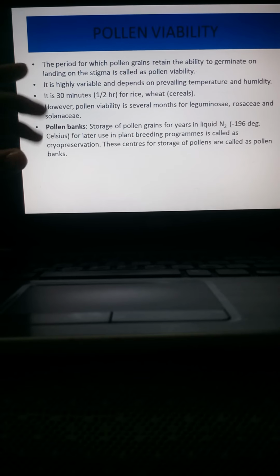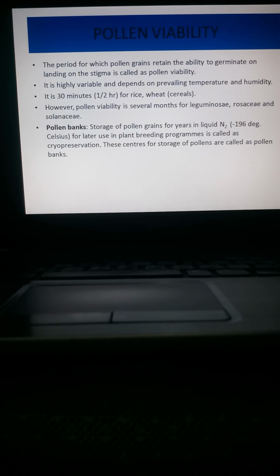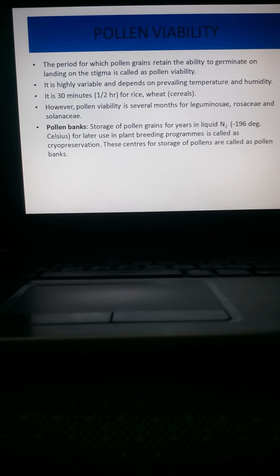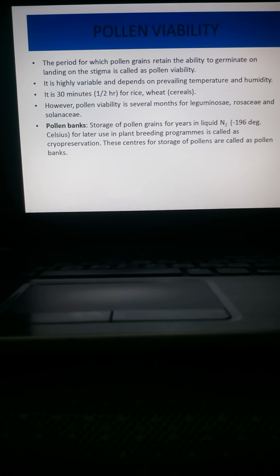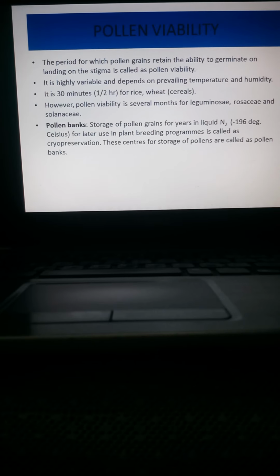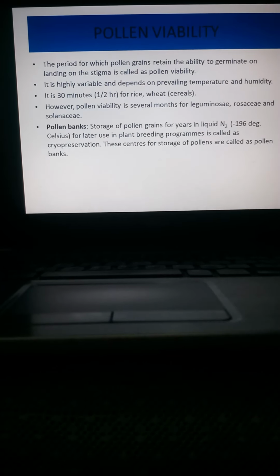What is pollen viability? Pollen viability is the period for which pollen grains retain the ability to germinate on landing on the stigma. That is, once the pollen grain has landed on the stigma, the time period for which it retains the ability to germinate. Once the pollen grain has been released, some pollen grains lose their viability very early, like it is only 30 minutes for rice and wheat.